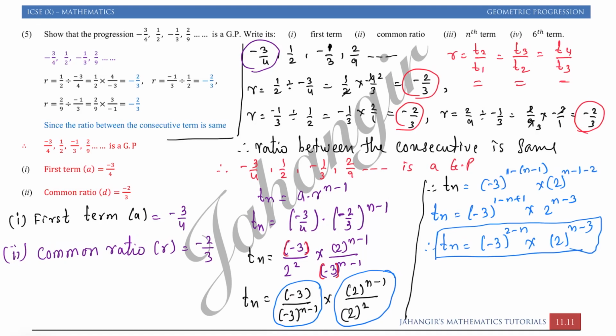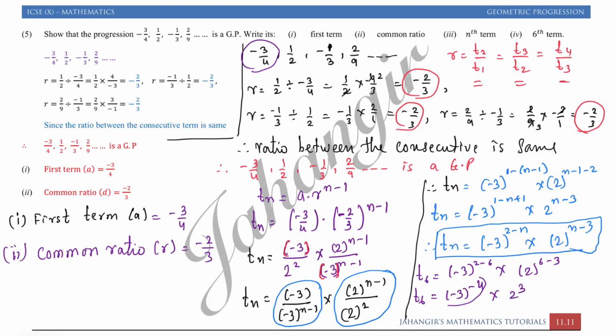Now you need to find the sixth term. So the sixth term I can write as T6 is equal to minus 3 raised to 2 minus 6, into 2 raised to 6 minus 3. So T6 is equal to minus 3 raised to minus 4, into 2 raised to 3.